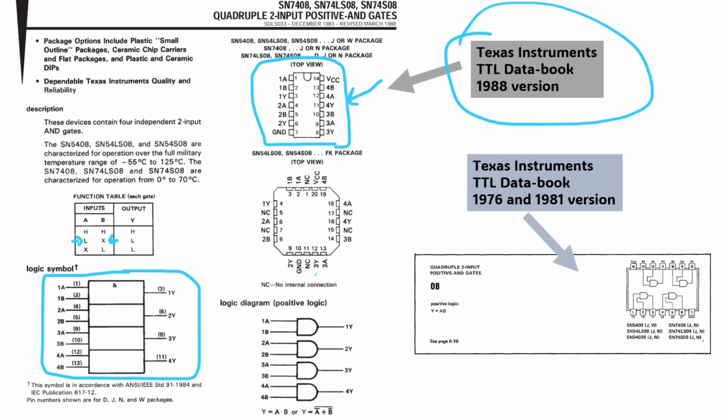And they also have this in a small form factor surface mounted package. But back in the day when I learned this first, it was this kind of data sheet, and of course all the electrical information was still there, but it was long in the back of the book. And this was what we saw when we browsed through the book.